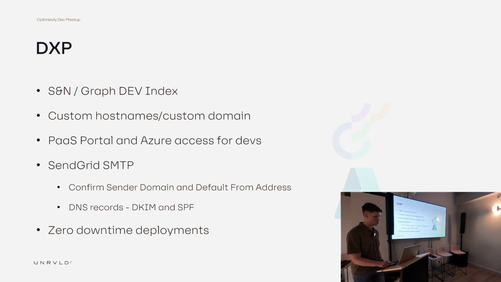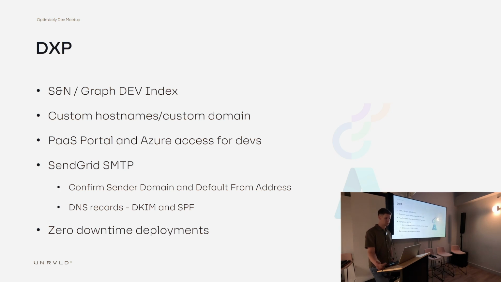DXP then, so you're getting started up. Obviously there's the Cloud Platform CMS NuGet package. You might want to reach out to get the dev indexes set up for Search and Navigation or Graph. Get the custom host names configured, PaaS portal access.